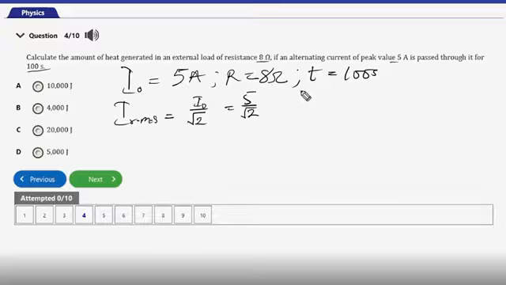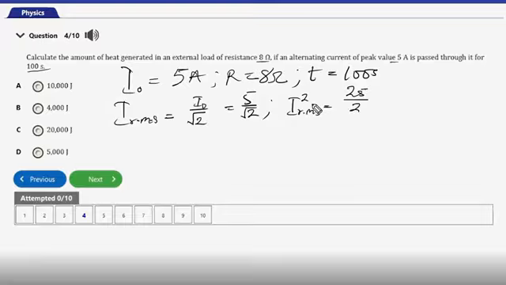here. So we can actually resolve these by squaring all the values here. So over here you'll have the square of I root mean square will now be the square of I naught, that's 25, over the square of root 2 is 2.